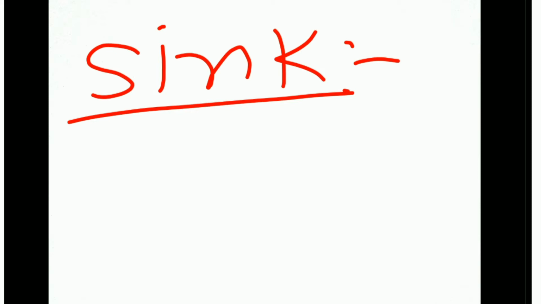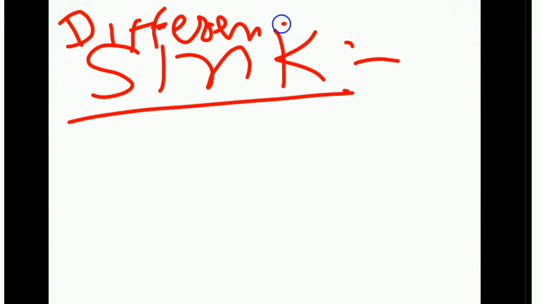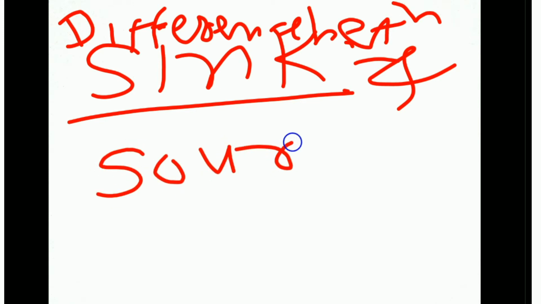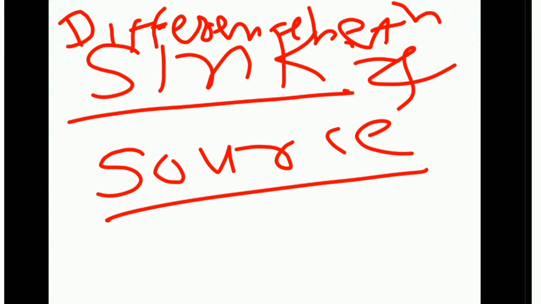So what is the difference between sink and source? Source is a point at which liquid is continuously created, and sink is a point at which liquid is continuously annihilated. This is the difference between the sink and source.